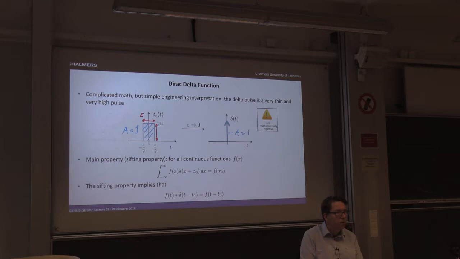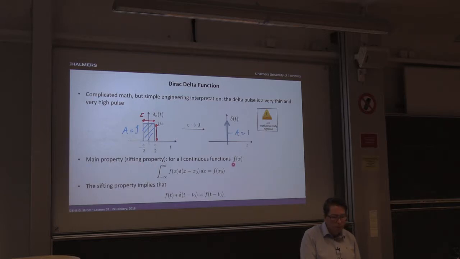Okay. The main property that we will use for the delta function is something called the sifting property. Sifting means a sil in Swedish. Man silar fram någonting. Okay. So sifting is pulling out something. It's also called the sampling property.